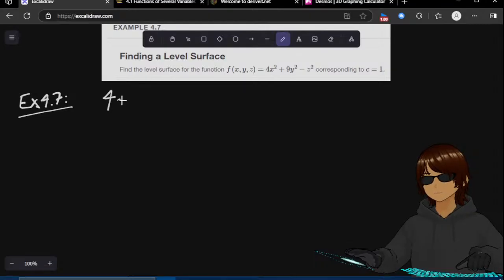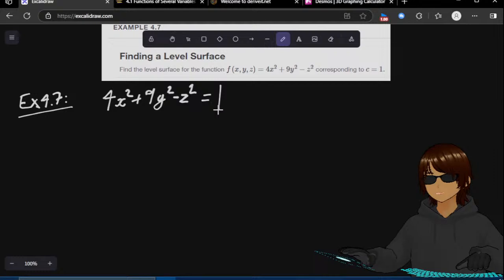So we have x squared over 9. This has to be 1, right?